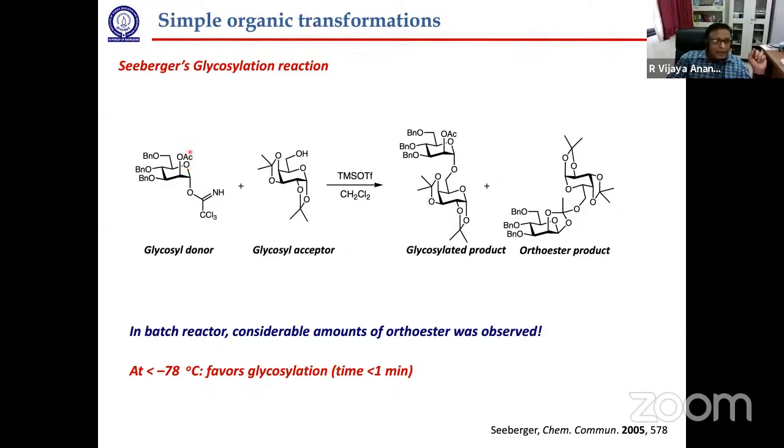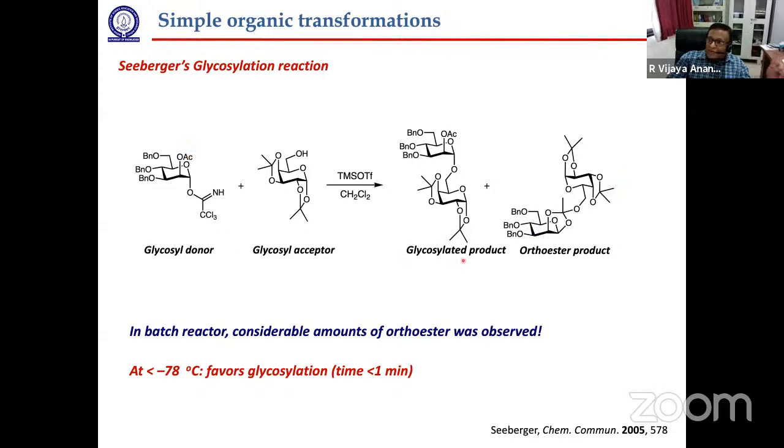And again, this anchimeric assistance, you might have heard about it. This carbonyl group comes and reacts here, and it forms another oxonium ion. Then this alcohol comes and reacts either in this place or in that newly formed oxonium ion. So that would lead to two different products.